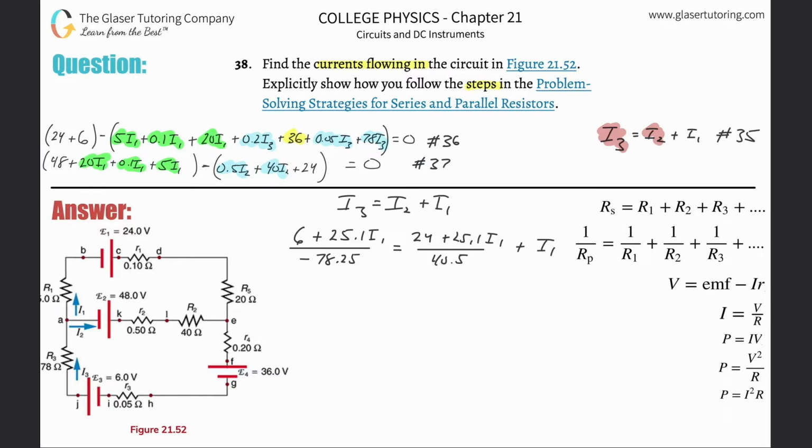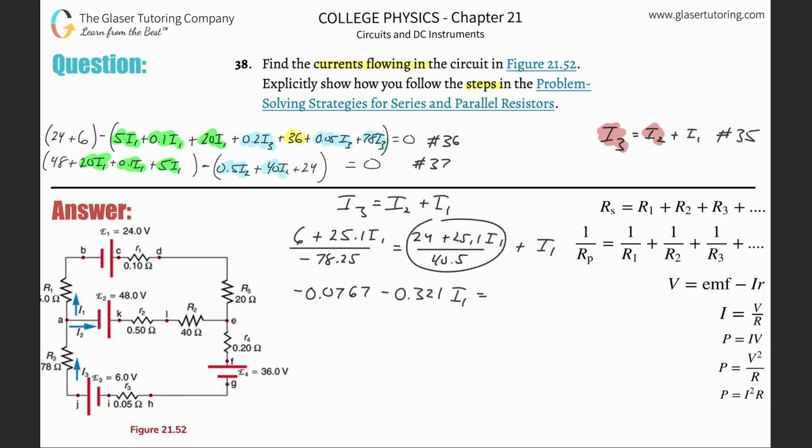So 6 divided by the negative 78.25, that works out to be a negative 0.0767, okay? Minus then, because now you're going to divide those two, it's going to be a positive 25.1 divided then by a negative 78.25. And this is now a negative 0.321. All right, I1, don't forget that.